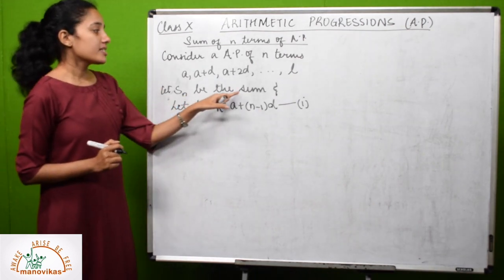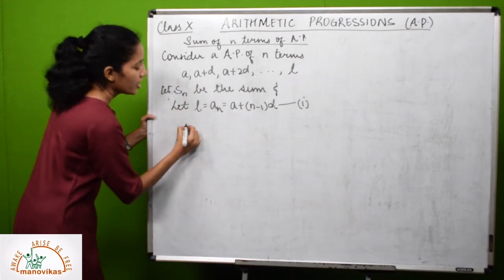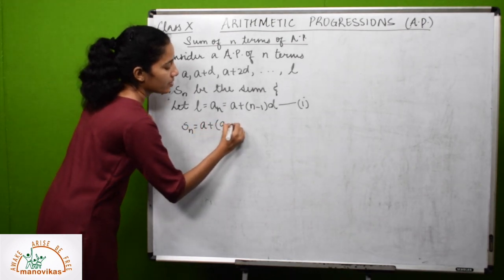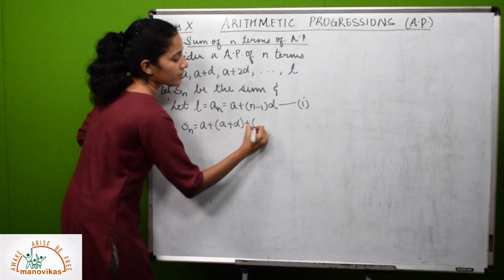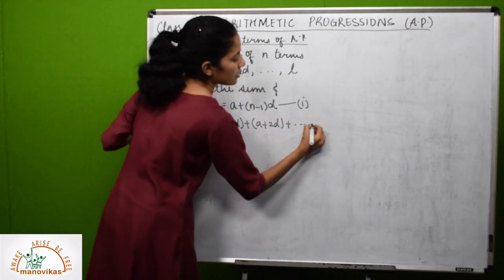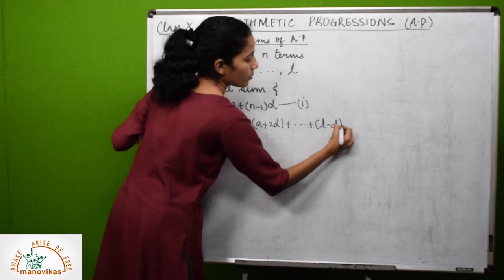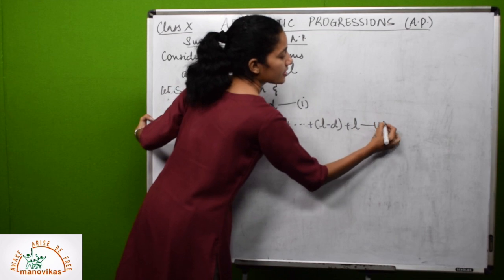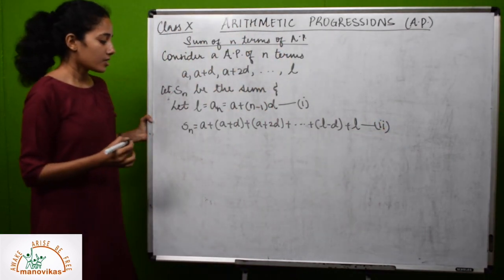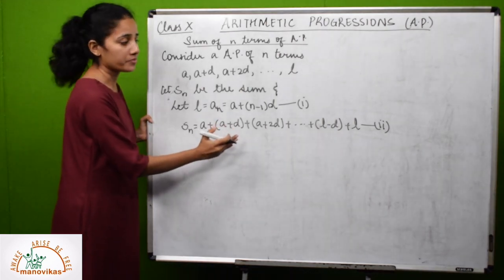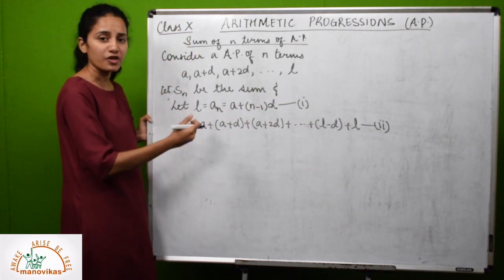Now since Sn is the sum of these n terms of an AP, Sn will be given as a plus a plus d plus a plus 2d and so on till l minus d, one term previous to it, plus the last term. Let us take this as equation 2. Next, we will reverse the right hand side terms, that is, the last term we will write as the first term.